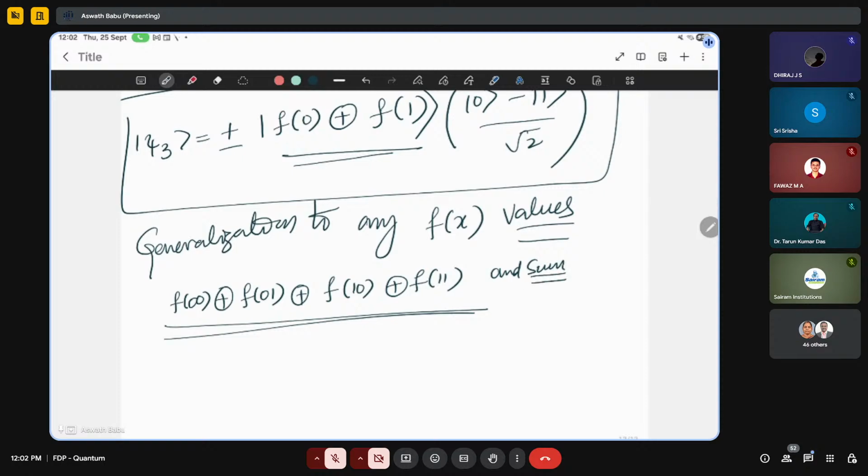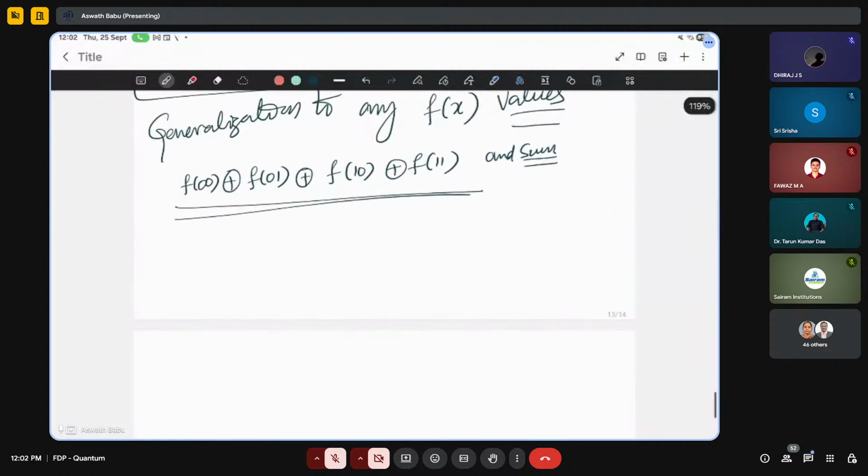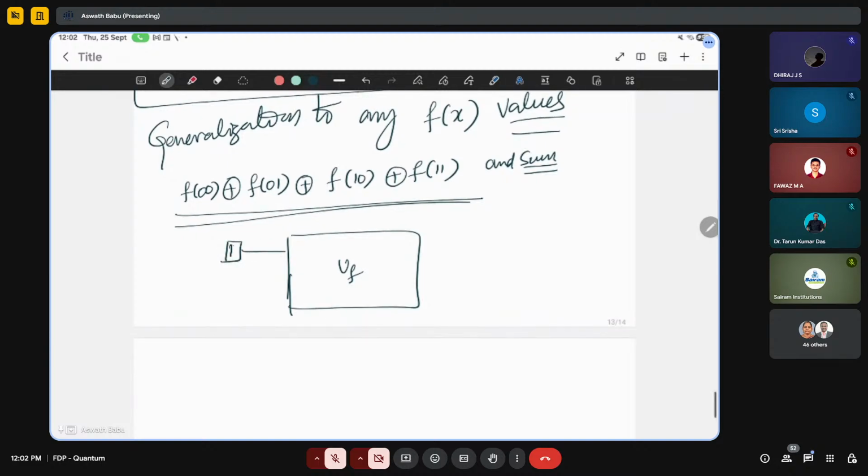Okay, so to find this, what we will do, instead of taking one Hadamard, we will take one more Hadamard. Okay, 0, 0, 1. Here I'll have two Hadamards.